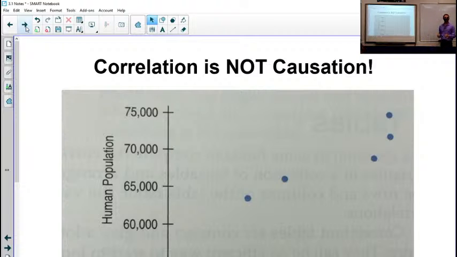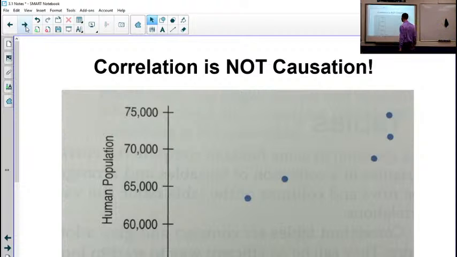It might be that one of the variables is causing the other to happen, but that also might be misleading. You can get a strong correlation between two variables that have absolutely nothing to do with each other. So it is up to some of the ideas we're talking about in chapter 4 and some other critical thinking things that we might talk about to determine whether there's actually a cause happening here.